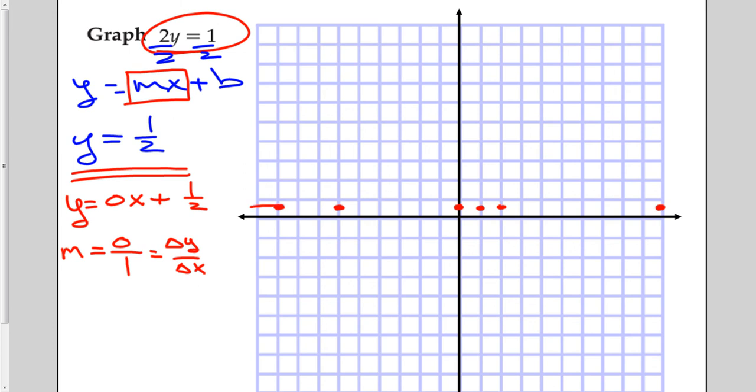And so if I connect this line, what I see is that I get a horizontal line, and that is because I still write my equation on top of it, y equals 1/2, because it doesn't matter what's happening to x, and the change in y is 0. Y never changes. Y is always 1/2, and therefore I have a horizontal line.